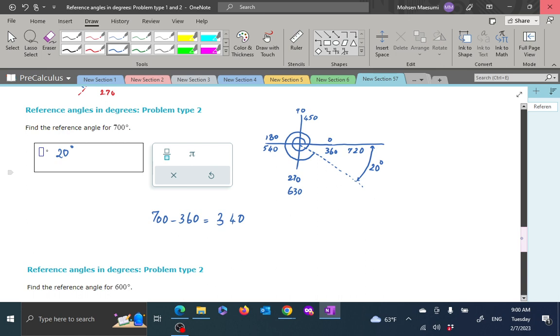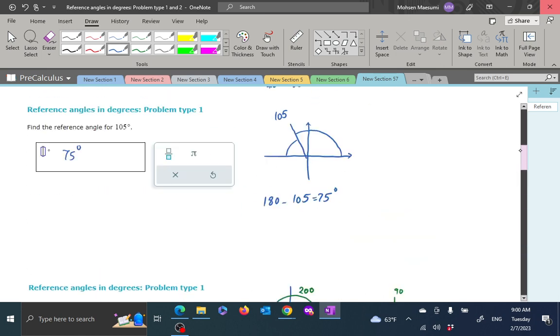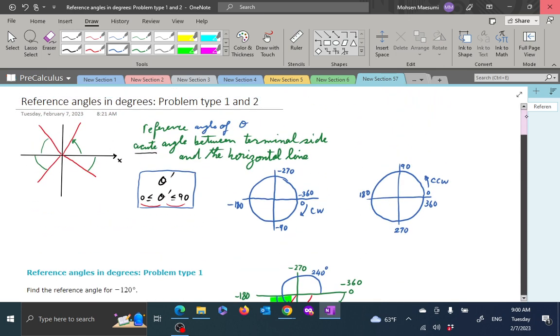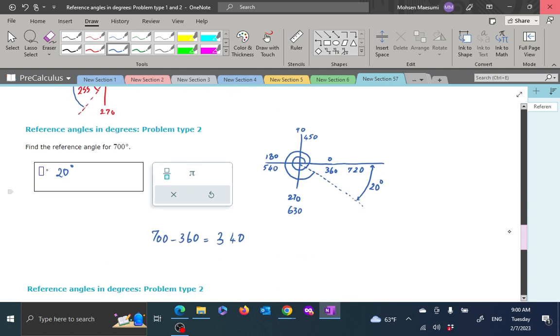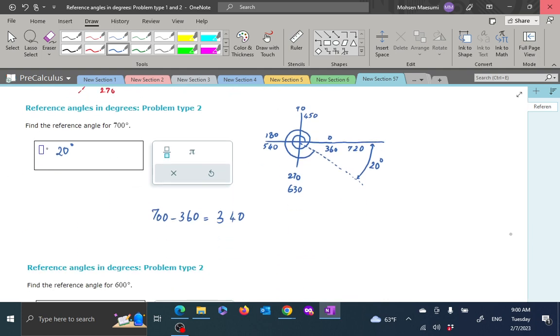Now 340 is like the problems we had done of type 1. That is, you figure out 340 is in quadrant 4, 20 degrees short of the final horizontal line. So you subtract 360 from it. You keep subtracting 360 until you get a number between 0 and 360.